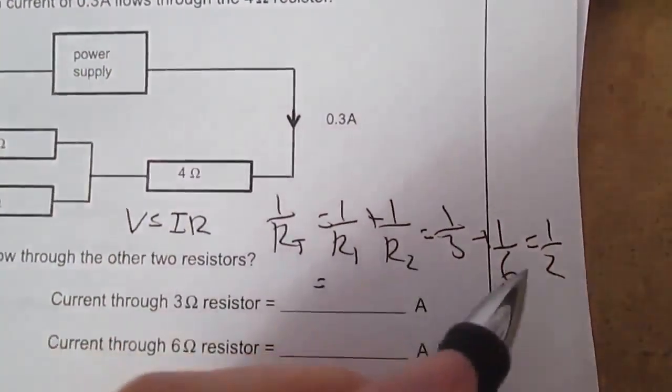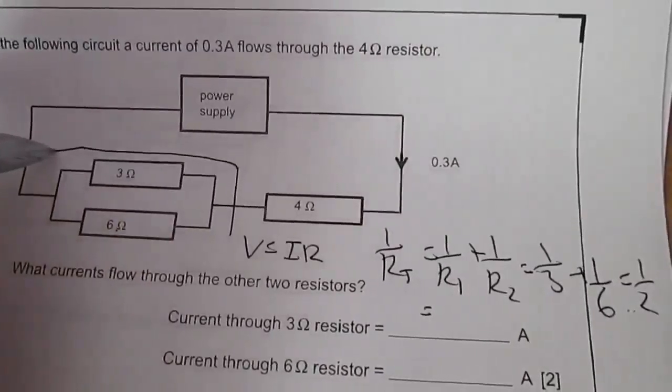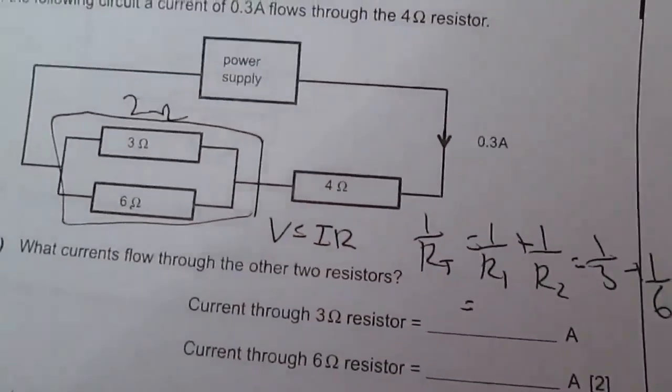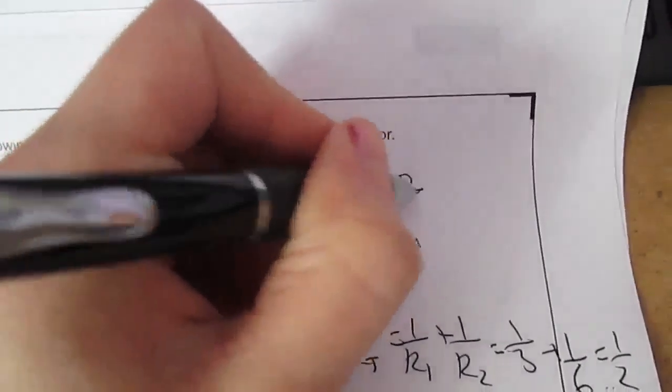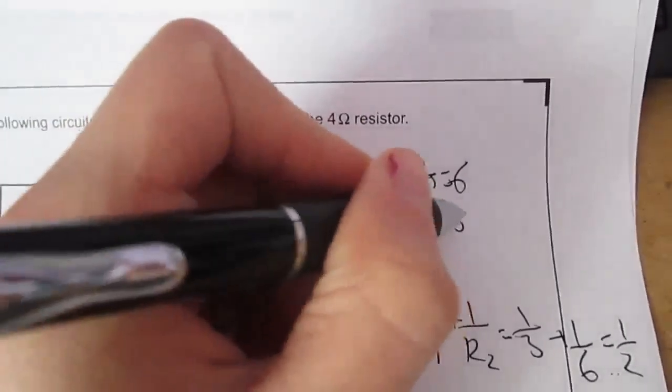So that's 1 over RT, RT is just flip that upside down, so the resistance of this bit here is 2 ohms. So the total resistance is 4 plus 2 is 6, so I'm going to write RT is equal to 6, and the current is 0.3.